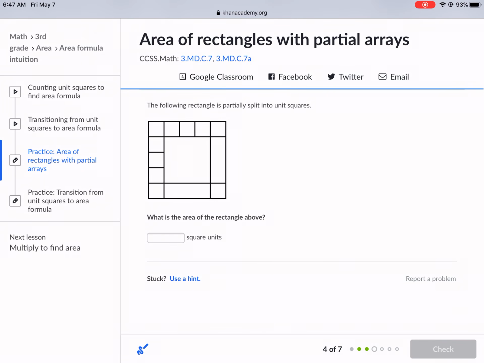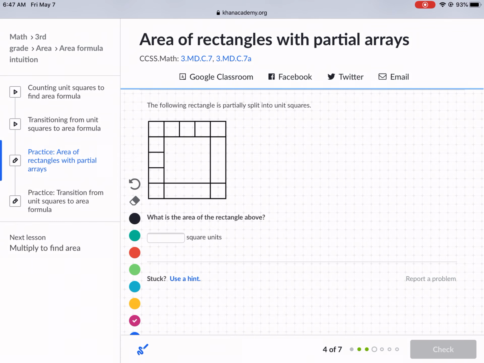Final. Kind of cool problems here. I like the variety. The following rectangle is partially split into unit squares. Okay, so we got unit squares. What's the area of the rectangle above? All right, so we have 1, 2, 3, 4, 5 by 1, 2, 3, 4, 5. Okay, this is actually a square.